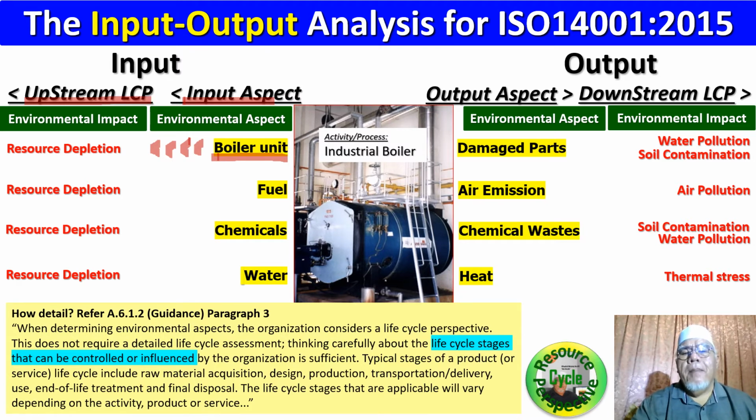The more mining of these iron ores, which are natural resources, the more we extract resources from the environment, the less will be left over for the next generation. That is called resource depletion. It's a very important environmental impact in this discussion.